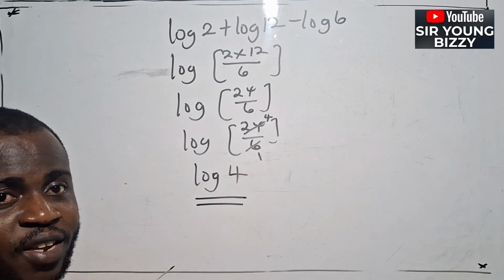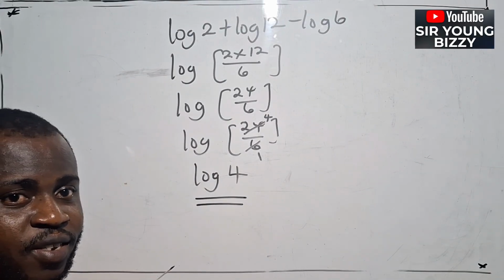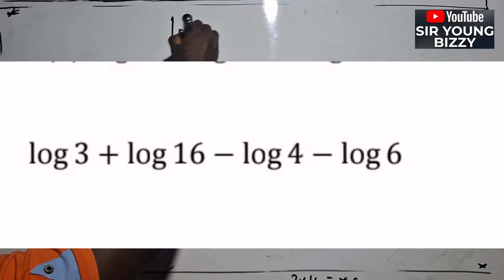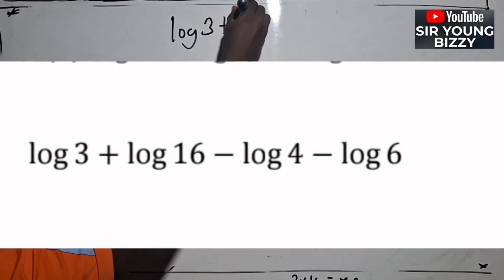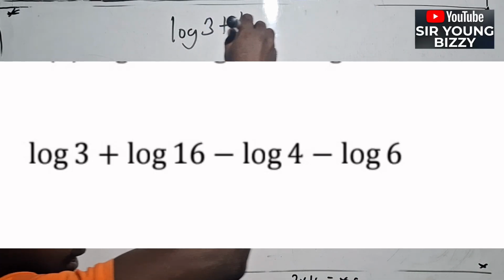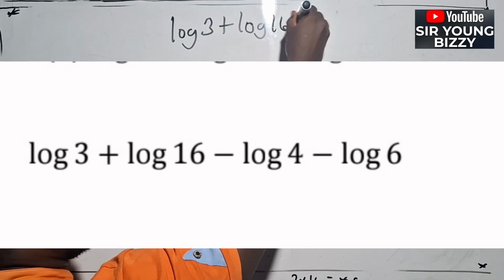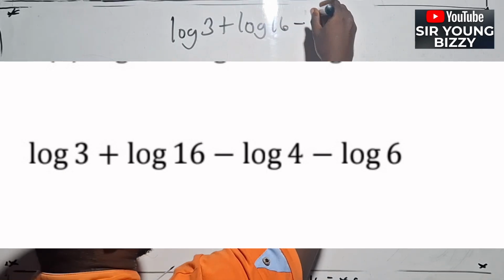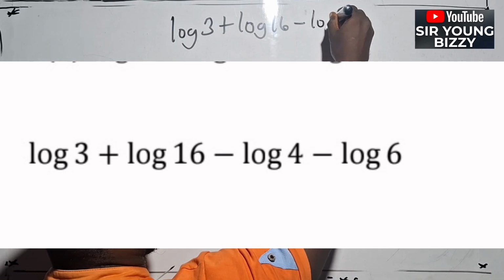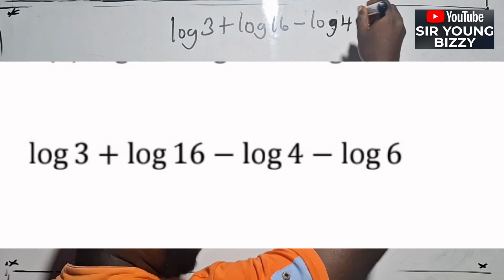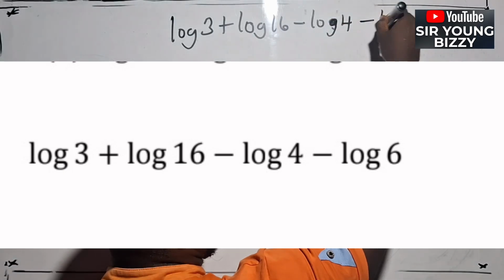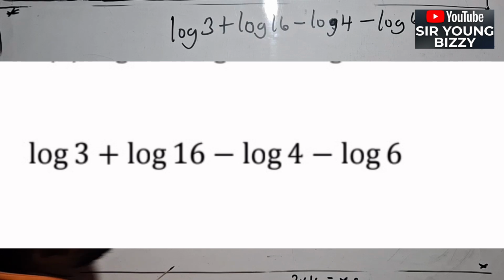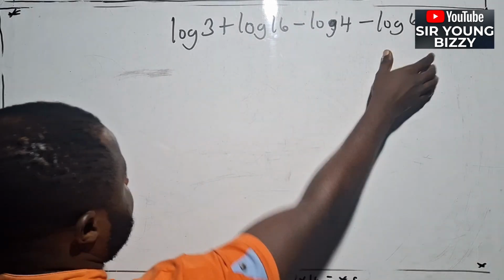So we are going to take the next question on that. We have log 3 plus log 16 minus log 4 minus log 6. These are adding, these are subtracting.